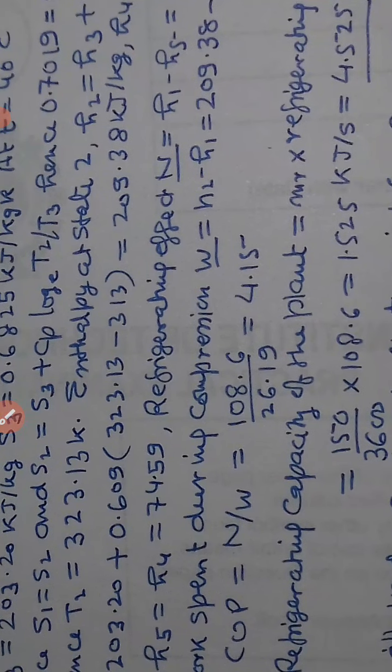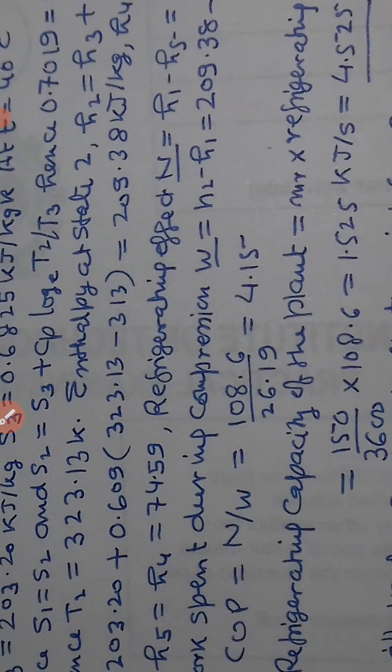Then enthalpy at point 2, that is H2, is equal to H3 plus Cp (T2 minus T3), and putting in the values, 203.20 plus 0.609 times (323.13 minus 313), that gives 209.38 kJ per kg.